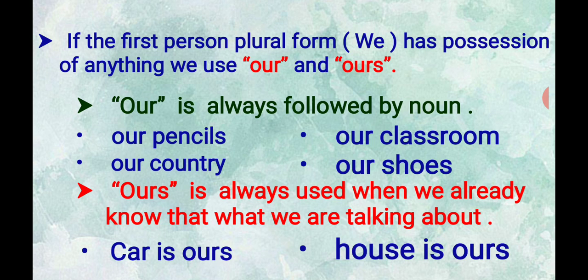And if there is a blank after a noun or after is, are, was, were, anything, meaning after the noun there is a helping verb and then a blank, then always use ours. Understand? This is a very simple and very important hint for where to use our and ours.